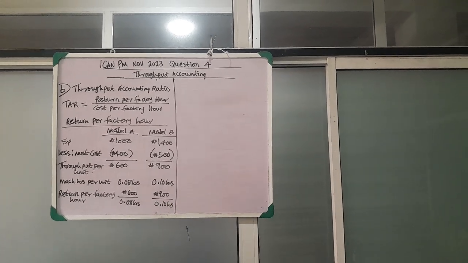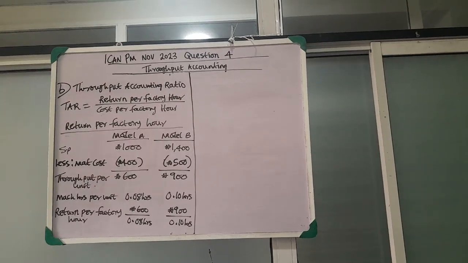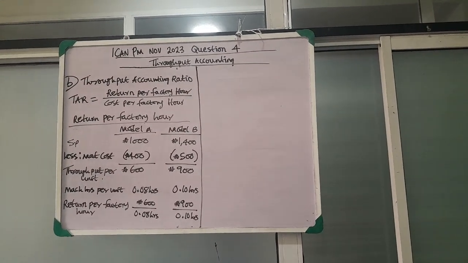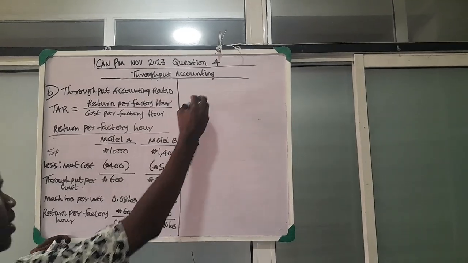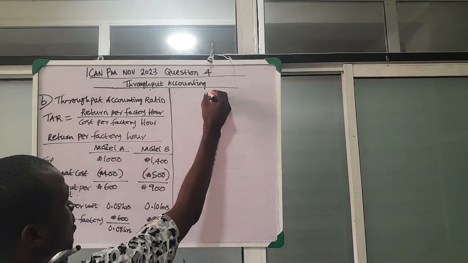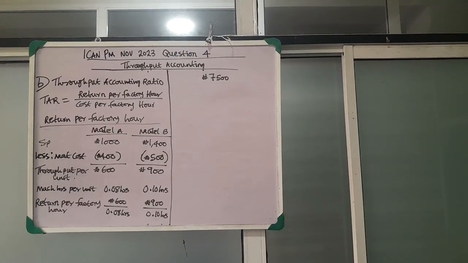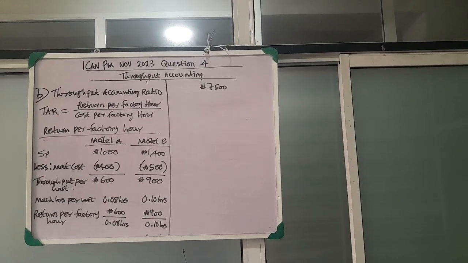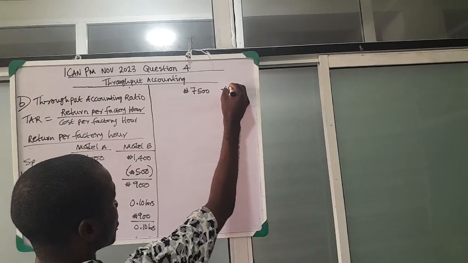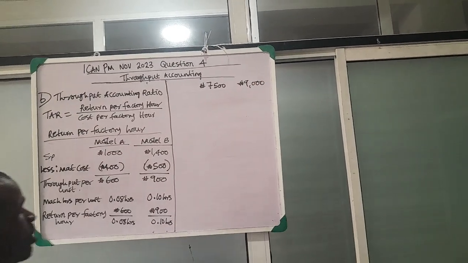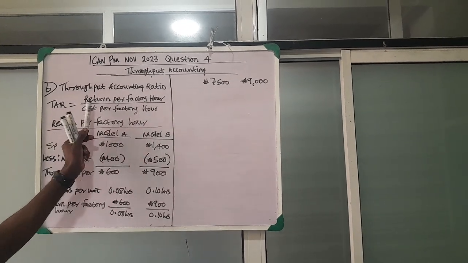So return per factory hour for model A, 600 divided by 0.08 will give us 7,500. Then 900 divided by 0.10 will give us 9,000. So we've gotten the return per factory hour.